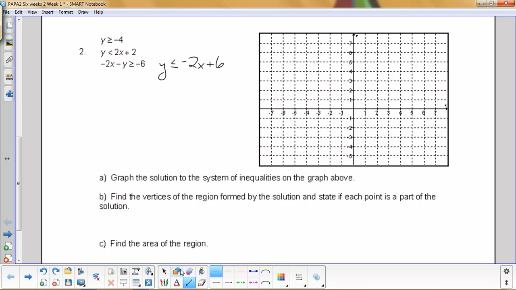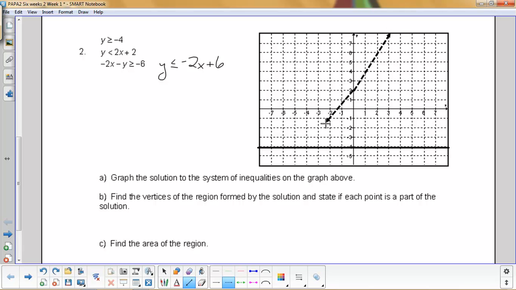We'll begin with our first system inequality, and we'll draw ourselves a horizontal line at -4. Now we're going to introduce the dotted line as opposed to the solid line by putting our y-intercept at 2 and going up 2 over 1, up 2 over 1.